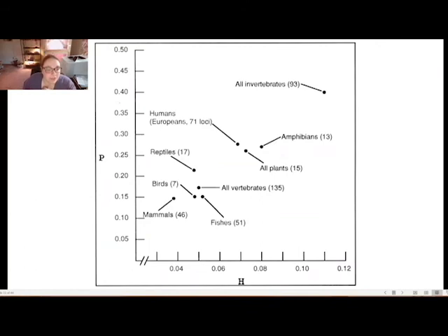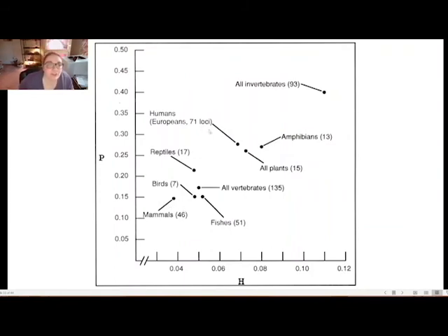So someone actually looked at a bunch of random species from a bunch of taxonomic groups, and they analyzed genetically their polymorphism levels and their heterozygosity levels. And you can see what's interesting is mammals actually have a relatively low polymorphism and heterozygosity, which means they're not very genetically diverse or very genetically different.